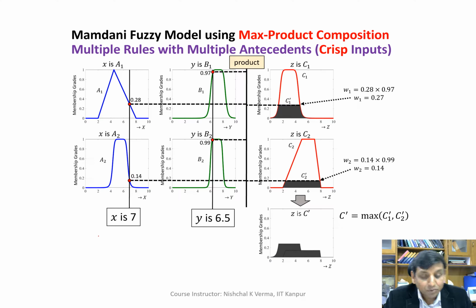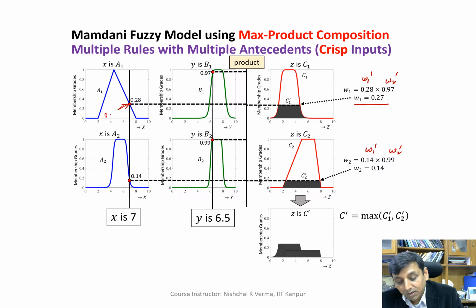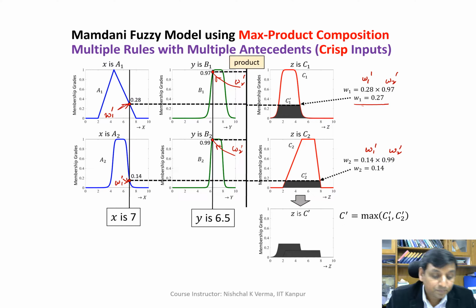So when we use max product composition, we see that the W1 is 0.27. We multiply W1 dash and W2 dash.